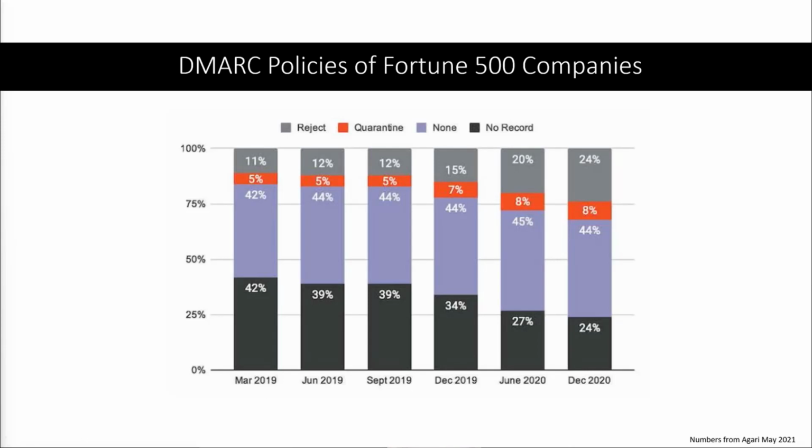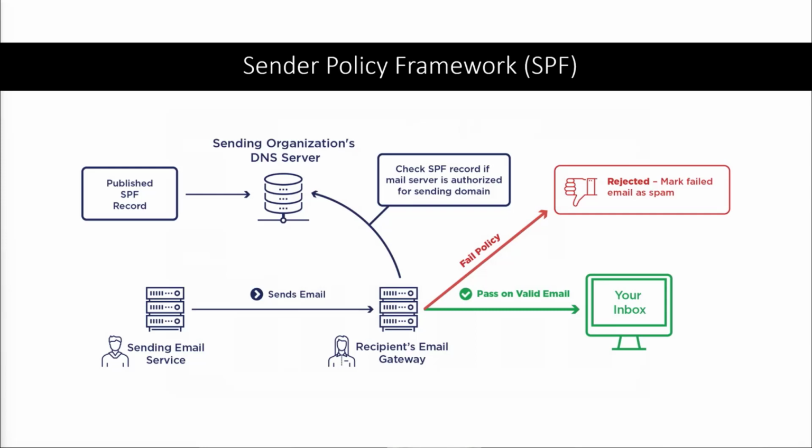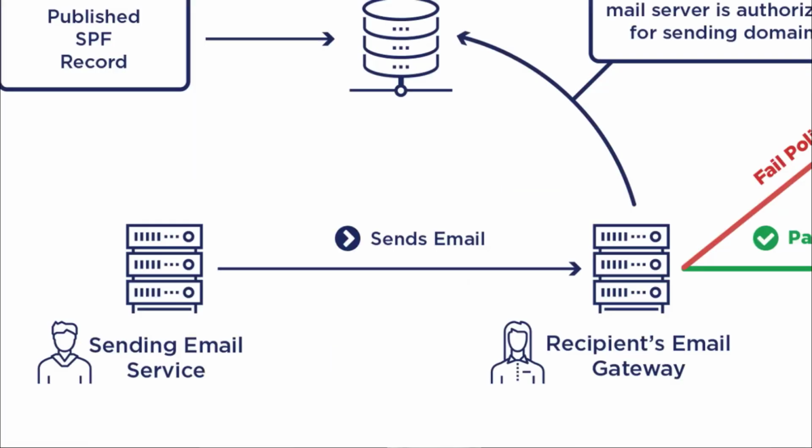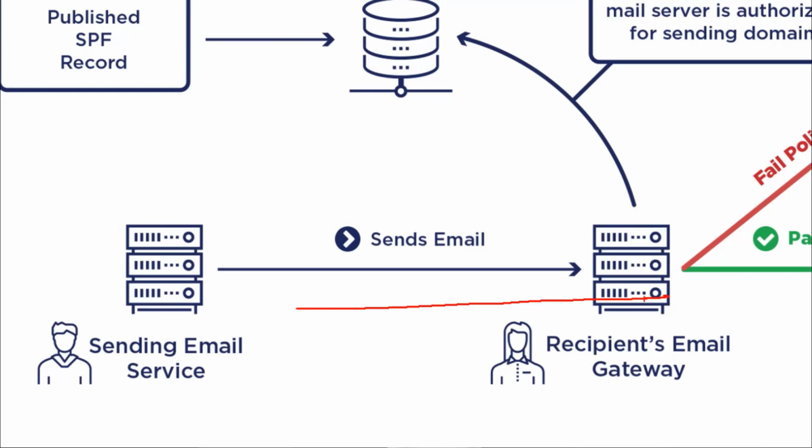Let's look into the details of how it looks visualized if someone is sending. The sender SPF framework here. I'm sending an email with my email domain, and the recipient is receiving it over here.